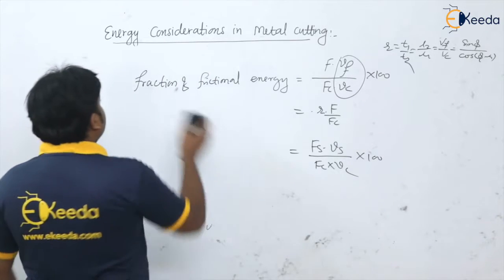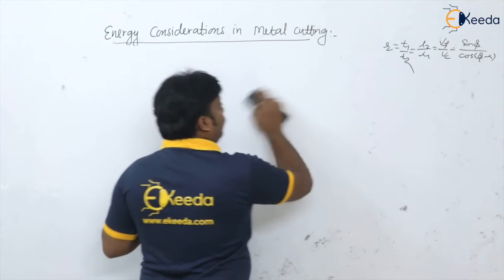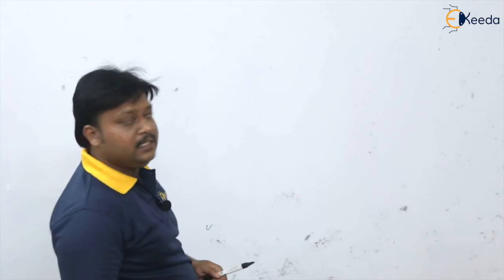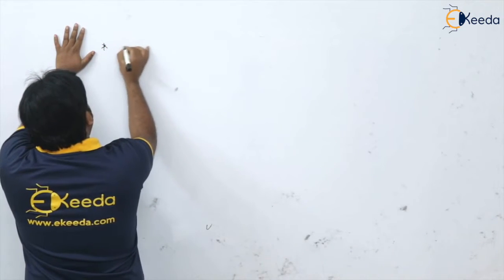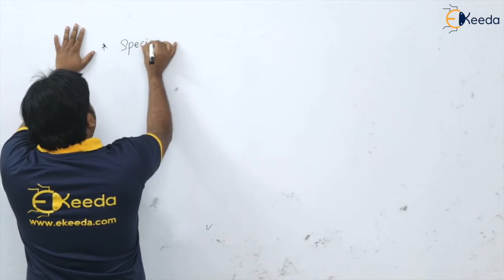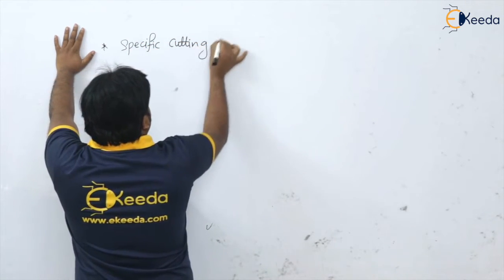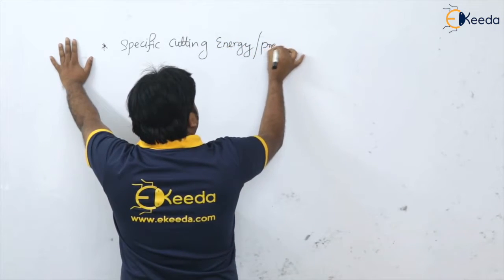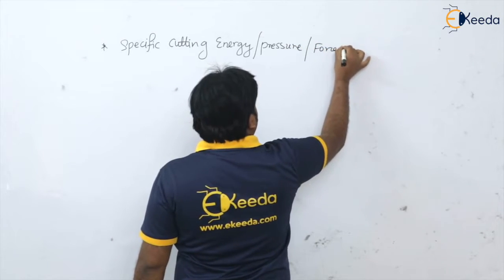Now after seeing these energy considerations, what we are going to see is the specific cutting energy. This is also known as the specific cutting pressure or specific cutting force.